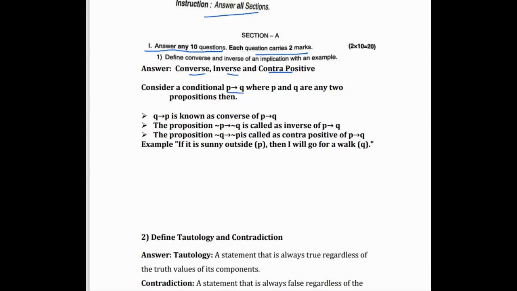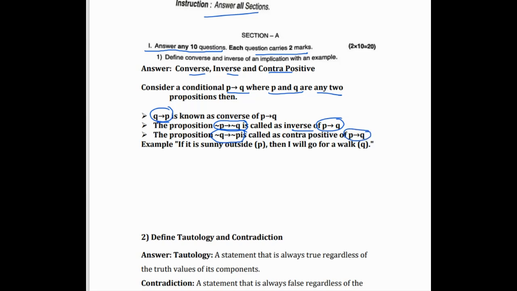Consider the condition P implies Q, where P and Q are any two propositions. Then Q implies P is the converse of P implies Q. The proposition negation P implies negation Q is the inverse of P implies Q. Then the proposition negation Q implies negation P will be the contrapositive of the statement P implies Q.